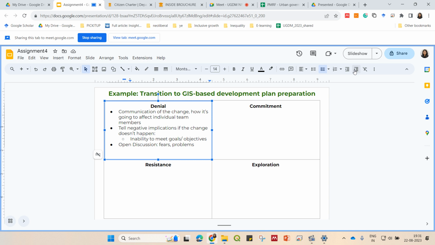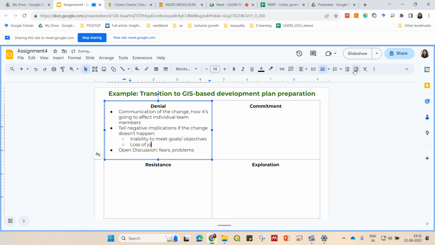Okay. Any other negative implication which might come? I think Anita said one, which is loss of jobs. I think you might have to tell them that if they don't assimilate with the change, they might have to leave.